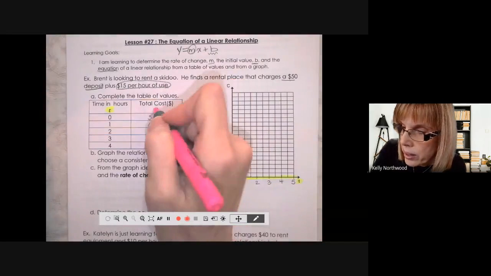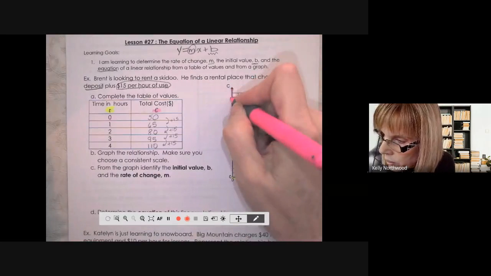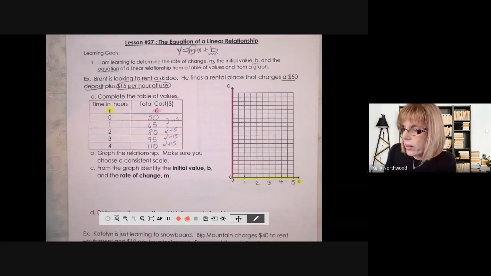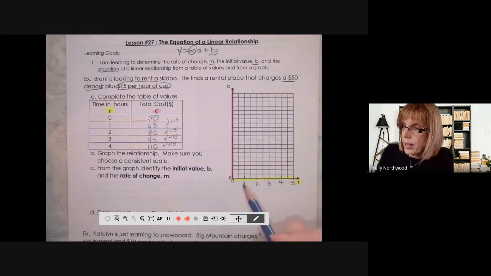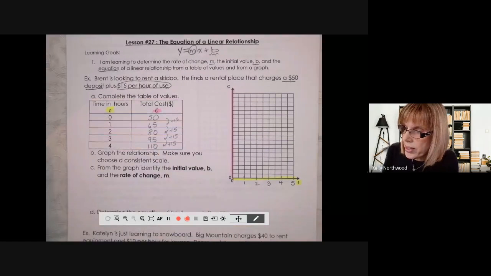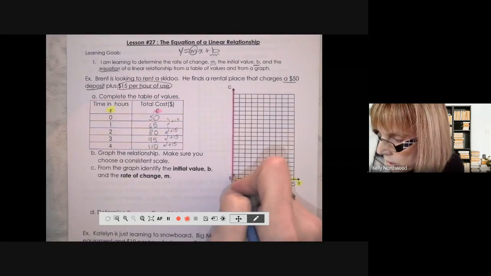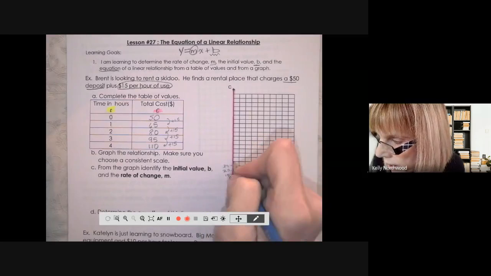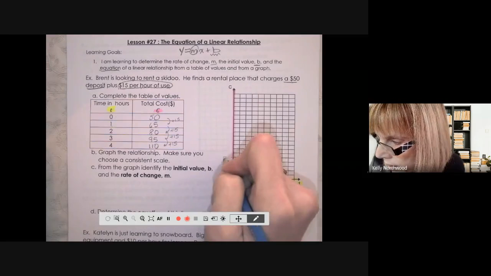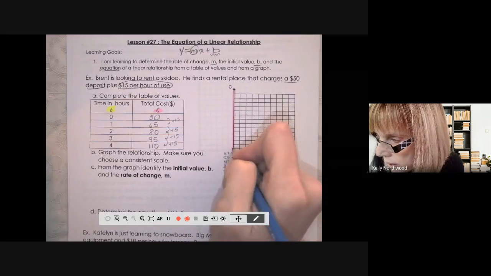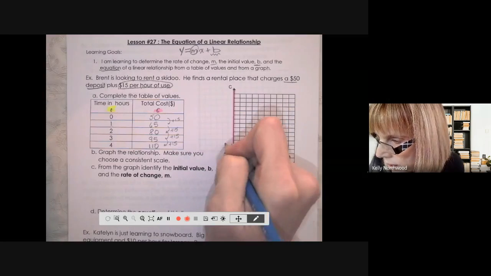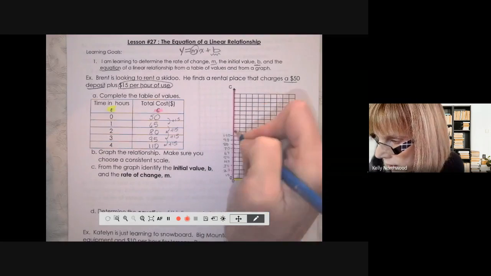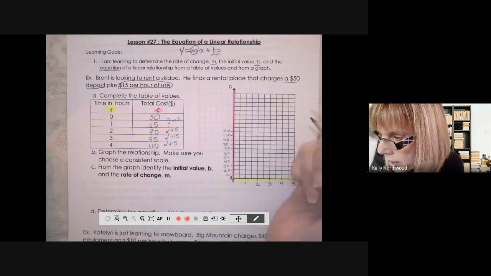And then we know that our vertical axis is always in our second column. And we have to fit from 0 up to 110. So I think 10s will work. So I could do 10, 20, 30, 40, 50, 60, 70, 80, 90, 100, 110.